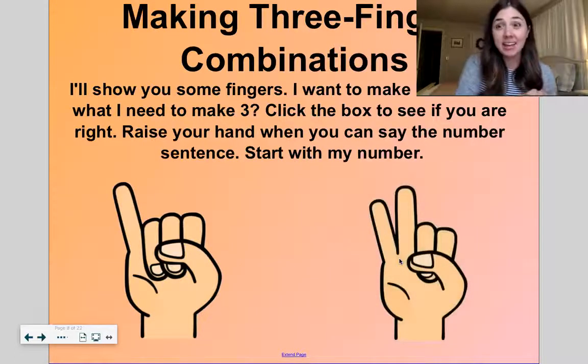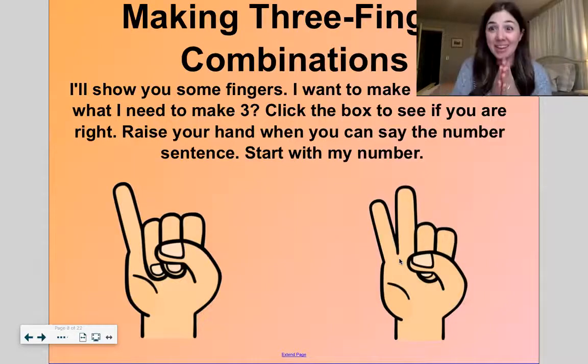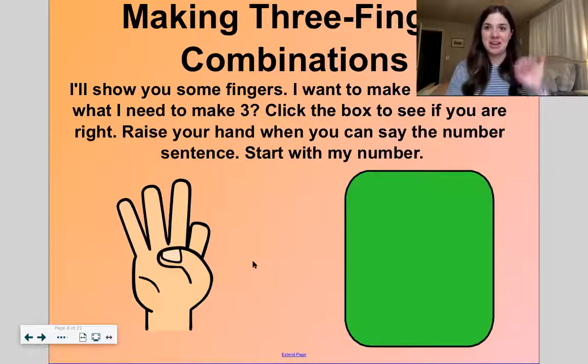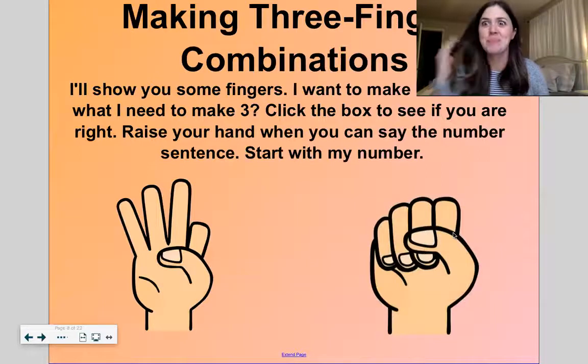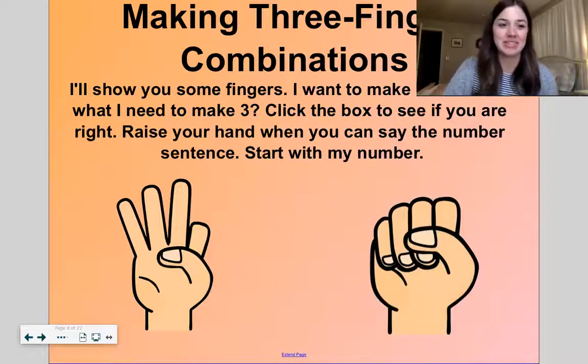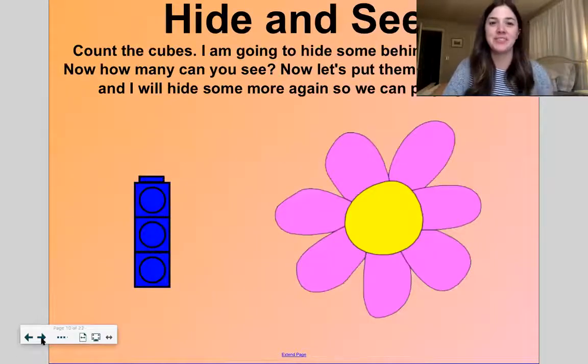Yes. 1 and 2 make 3. That's our number sentence. Okay, here we have 3. How many do we need to make 3 now? 0. Yes. 3 and 0 make 3. That's our number sentence.